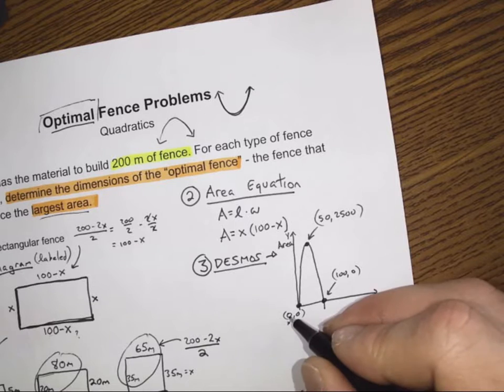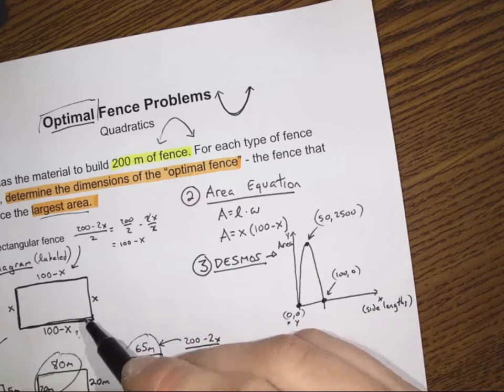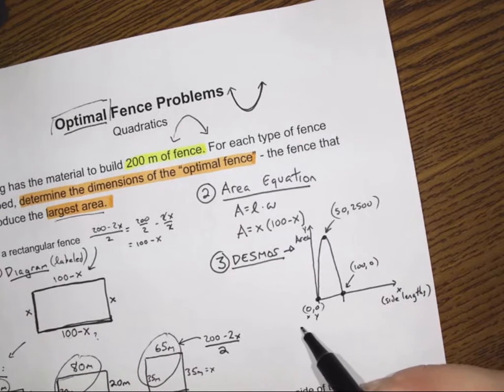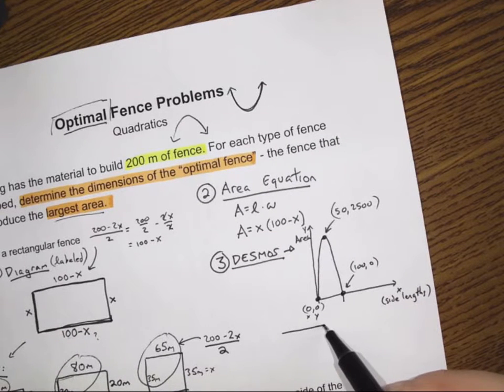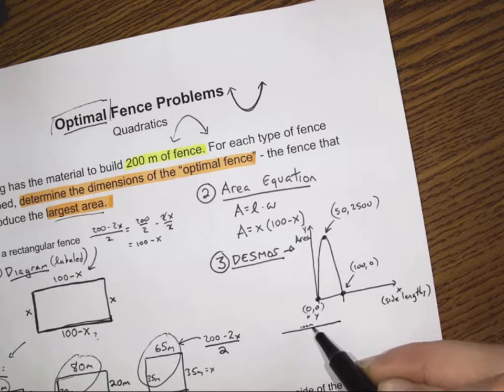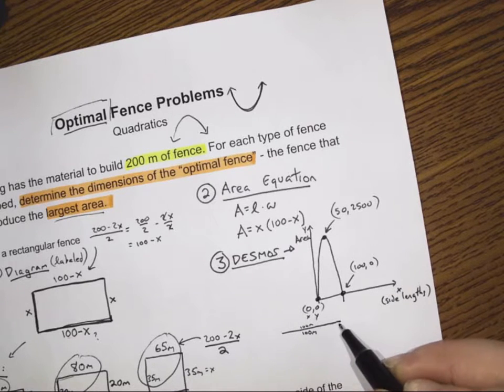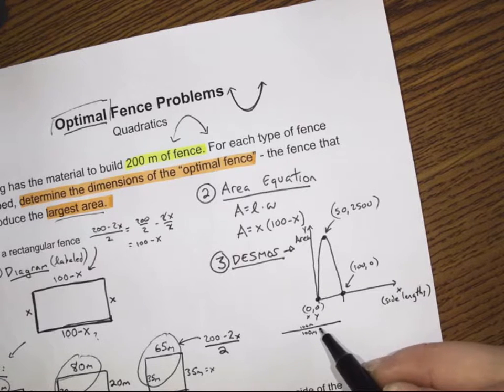So for example, the point 0, 0 means if your side length is 0 meters long, well, that would end up with a rectangle that would be 100 meters on each side, 100 meters, but 0 meters tall. And so that rectangle would have an area of 0.